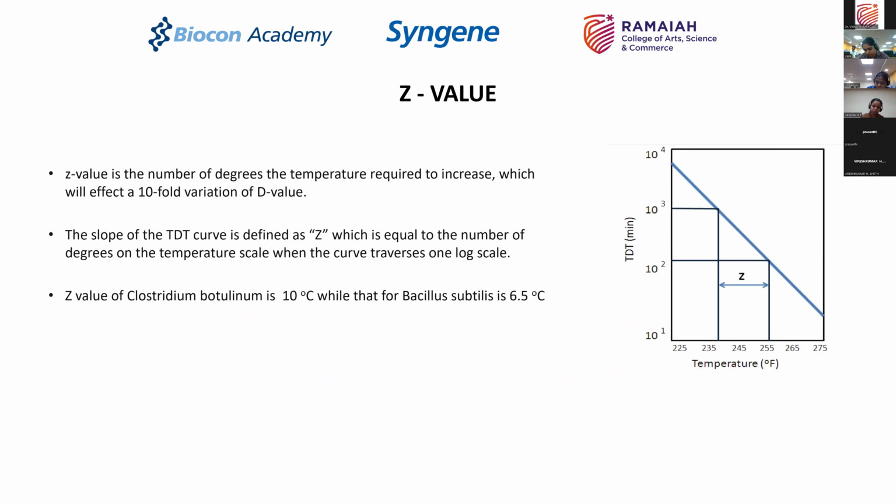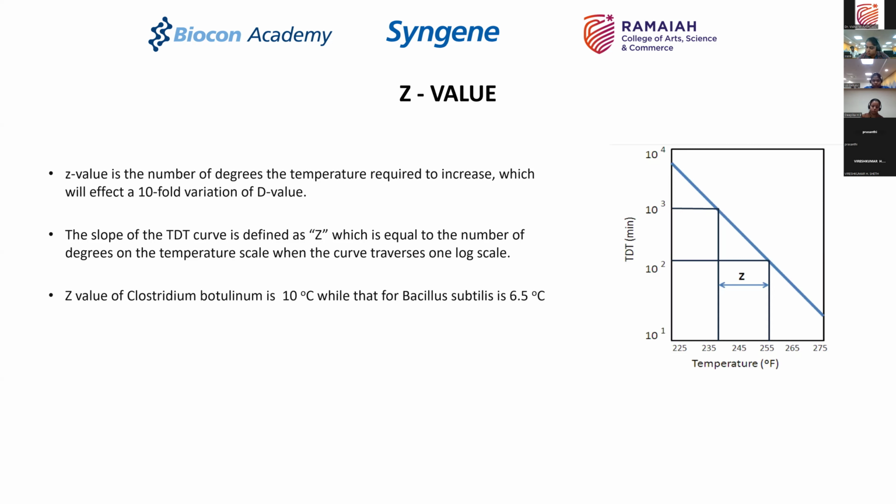So the Z value is the number of degrees of temperature required to effect a tenfold variation in the D value. The slope of the TDT curve is defined as Z. If you take the slope of this curve, it will tell you that if I have to traverse 1 log, this is the temperature difference I need to make.